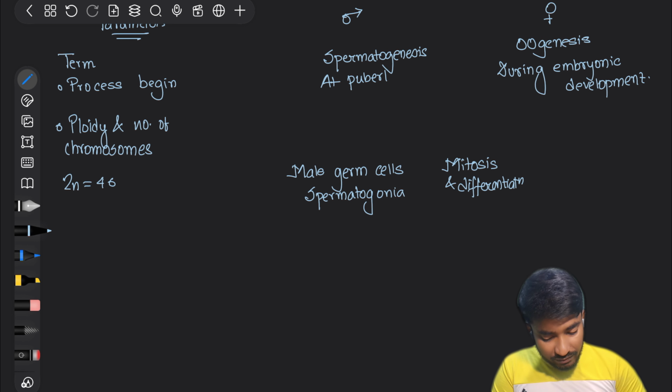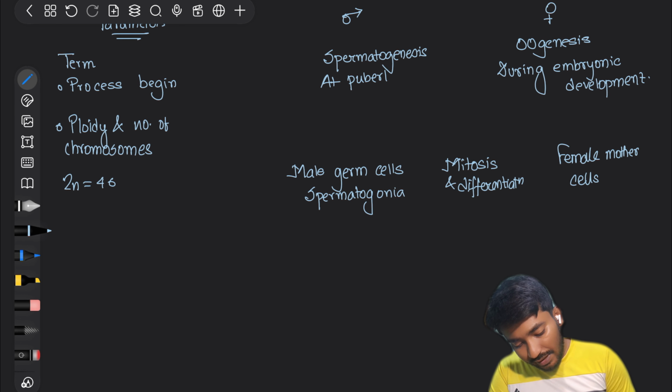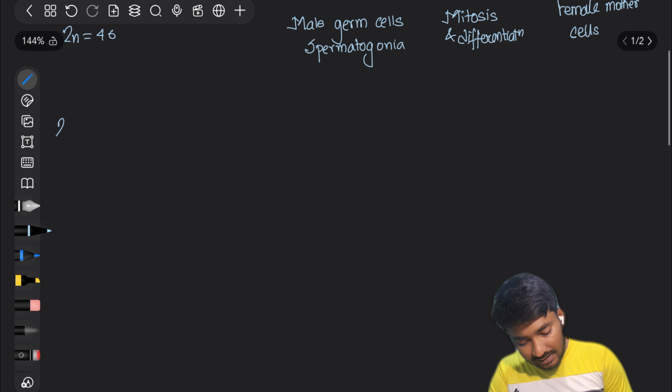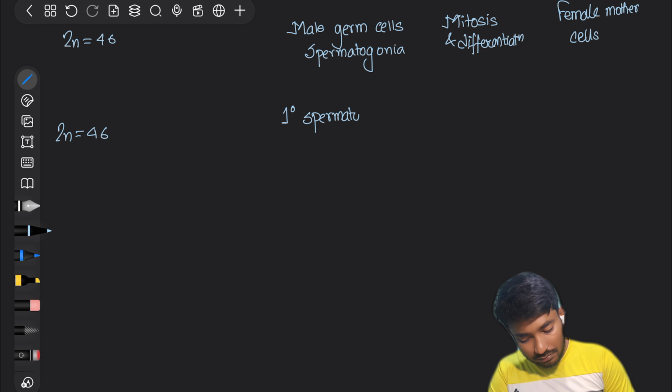For the female, it is the female mother cells. 2n equals 46 is again seen in the primary spermatocyte in case of male. Now it gets divided into secondary spermatocyte.